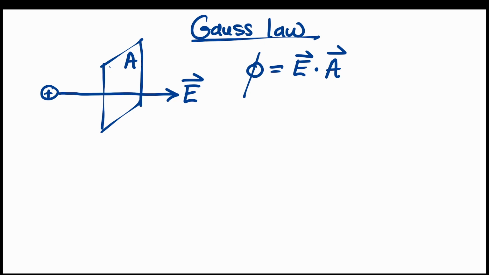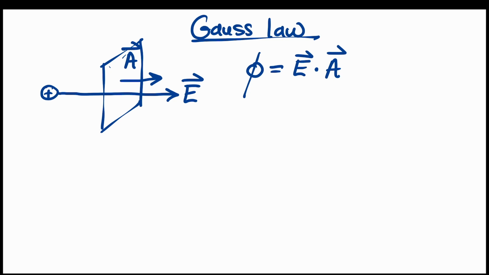And here I put a vector to say that that surface is oriented in space, and right now it's oriented parallel to the electric field. What I mean by that is that the plane of that surface is perpendicular to that vector I just drew, A. So technically I could just say the area is a vector A.